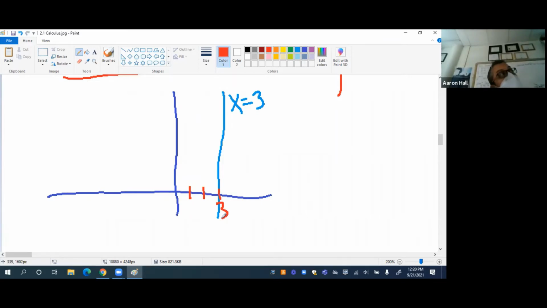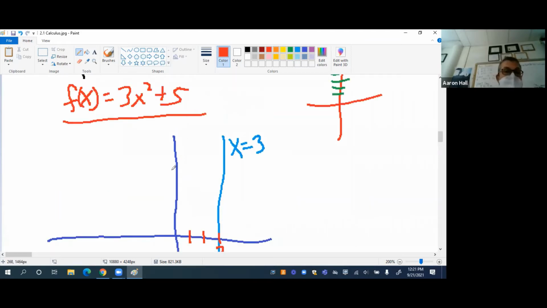So I say that I'm not approaching anything. When x approaches 3, there's nothing that my y approaches. It exists everywhere. So you say that doesn't exist. Good question, though.